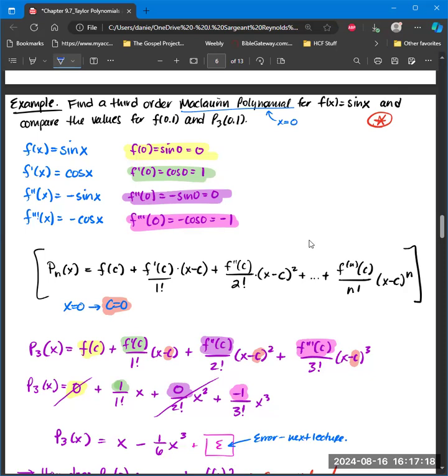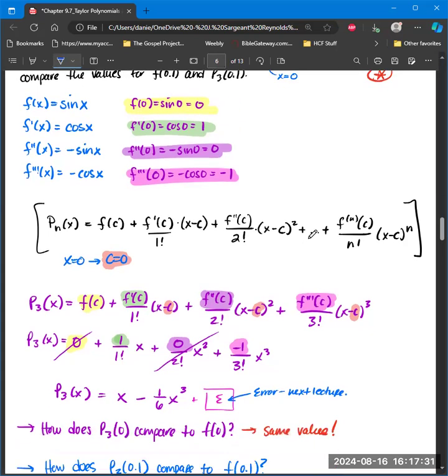So f of 0 is sine of 0, which is 0, f prime of 0 is cosine of 0, which is 1, f double prime of 0 is negative sine of 0, which is 0, and f triple prime of 0 is negative cosine of 0, which is -1. So there's my coefficients there, that this is going to be f of 0 plus f prime of 0 over 1 factorial times x plus f double prime of 0 over 2 factorial times x squared, and so on.